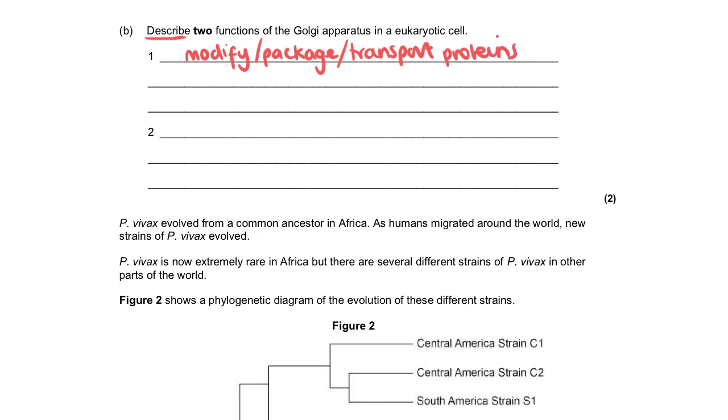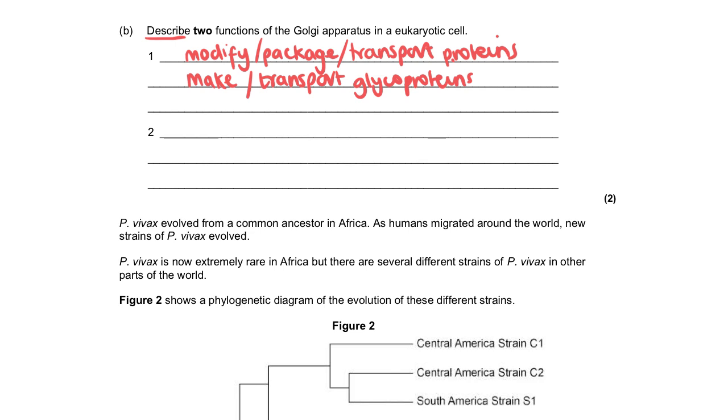For the same mark point, you could have also said that they are there to make or transport glycoproteins. So these are both the same mark point. You're not going to get 2 marks if you've written both of these.